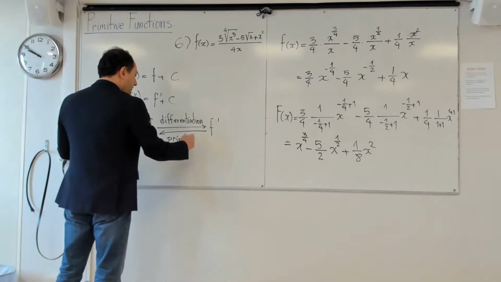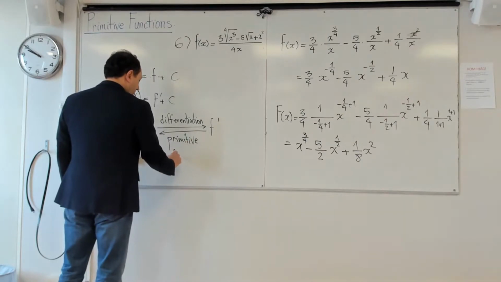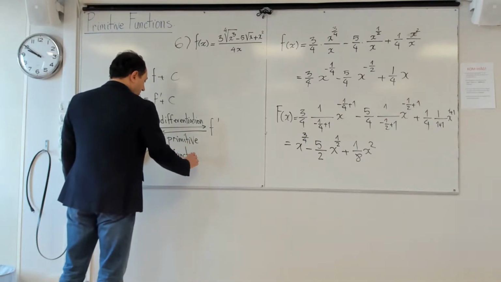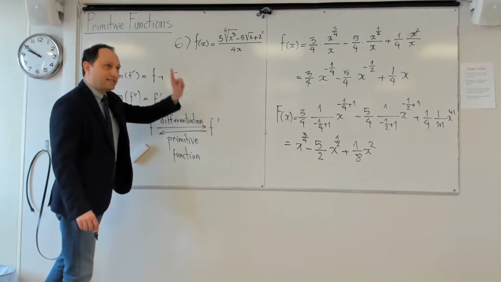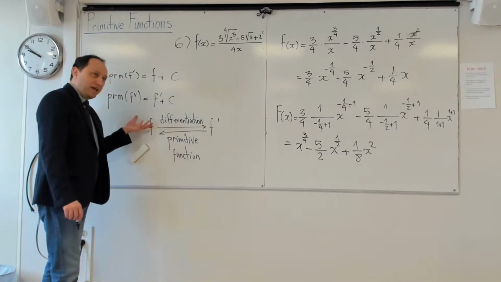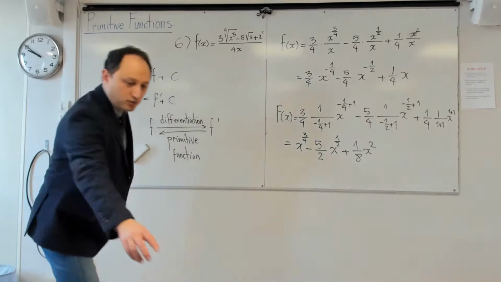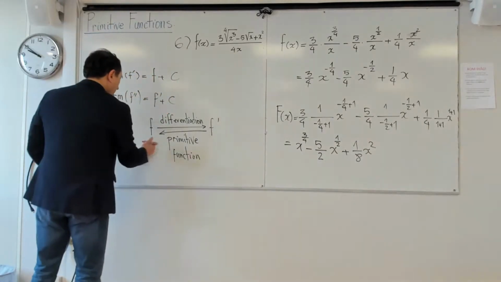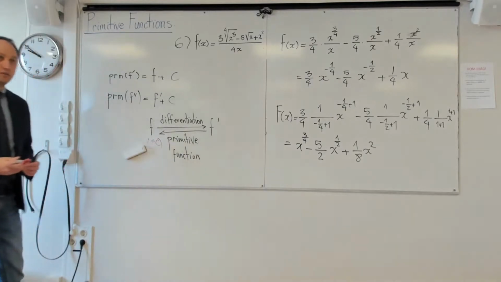The process of determining primitive function. Okay, so of course, in this direction, you get exactly one answer. But in this direction, you get a main answer plus a constant usually, okay? So in that direction, I have to add plus a constant as well. Is that also understandable?